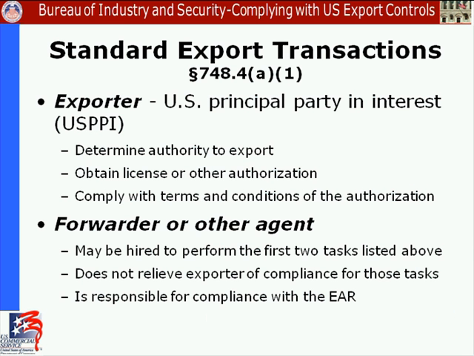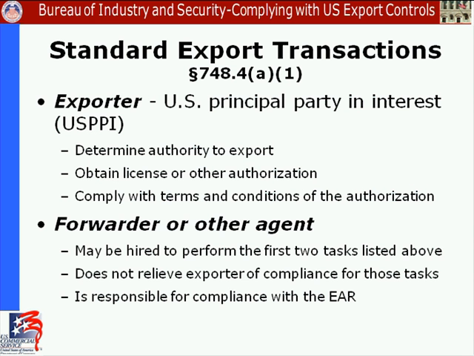Standard export transaction. That's basically the type of transaction most of you in the export community are familiar with. A supplier, an entity here in the U.S. has made contact with a potential customer outside of the U.S. That supplier is making arrangements to ship directly to that customer.